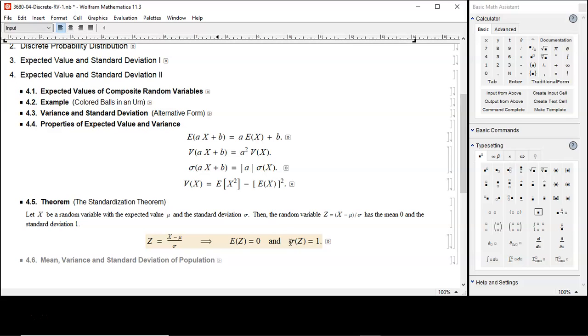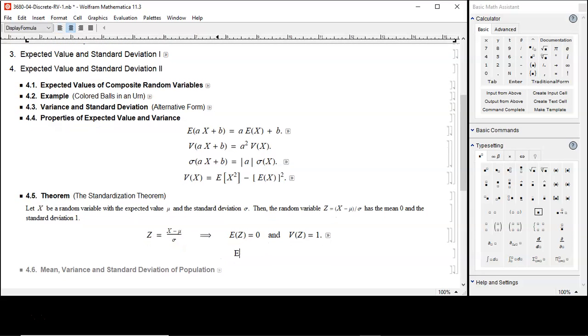Well, actually, it would have been a bit easier if it were variance equal to 1, but you see no difference there, because if the variance is 1 and you take the square root, then the square root of 1 is 1. So the standard deviation of Z is 1. That means the same thing.